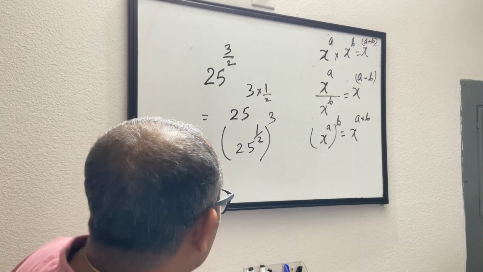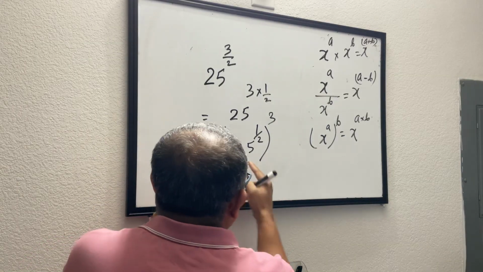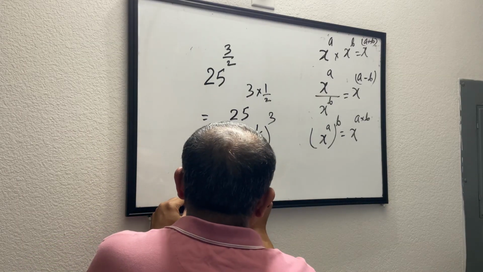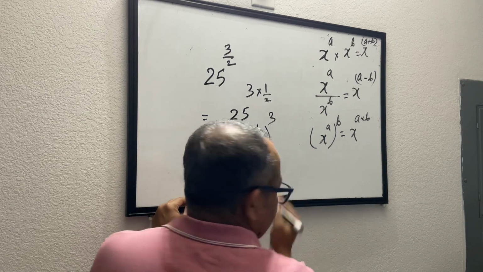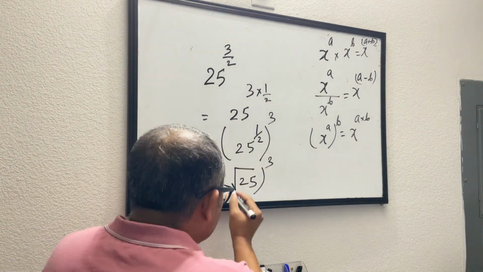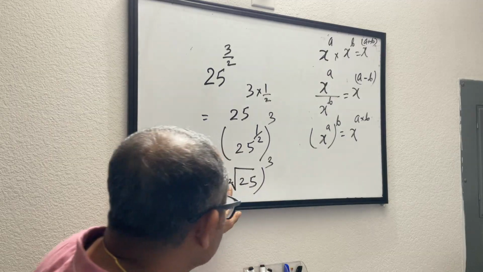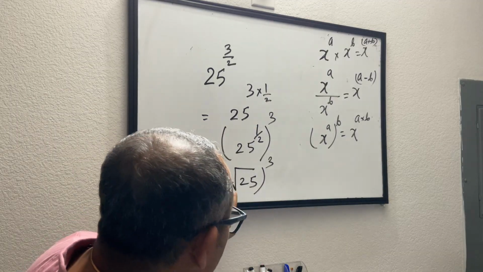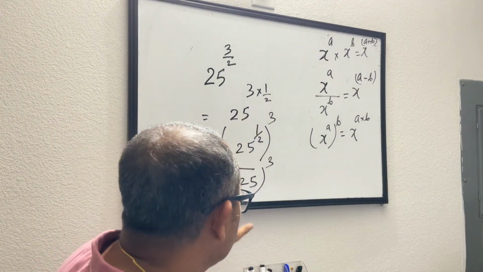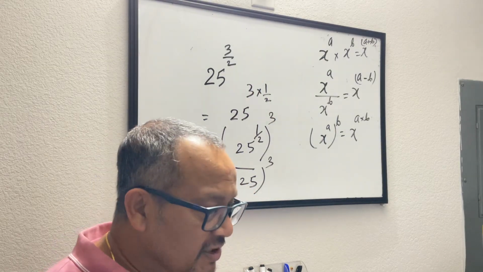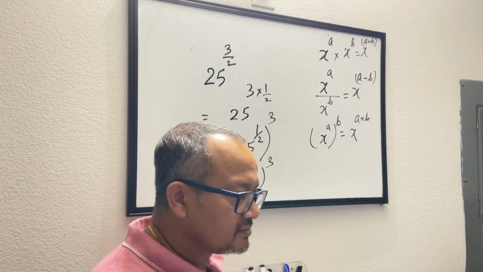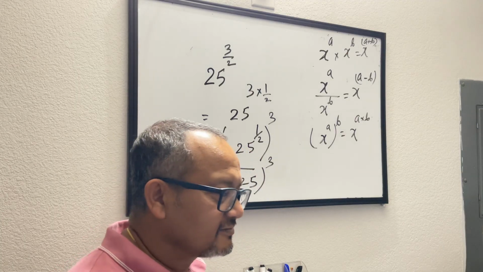So now, look at this. When I have something power 1 by 2, that is nothing but square root of that, to the power 3. Because 1 by 2 is nothing but the square root. 1 by 3 is nothing but the cube root. 1 by 4 is nothing but the fourth root. Now, do you guys know what is the square root of 25? 5.